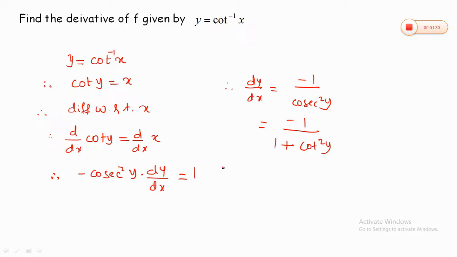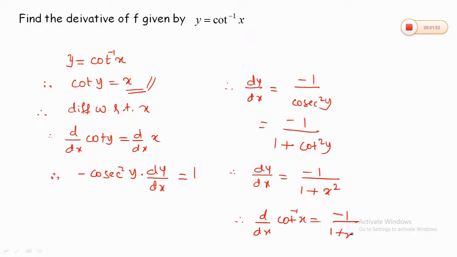So therefore dy upon dx equal to minus 1 upon 1 plus, substitute cot y equal to x here. Cot y equal to x. So therefore this becomes x square. So therefore dy dx of cot inverse x equal to minus 1 upon 1 plus x square. Yes. So remember this one.